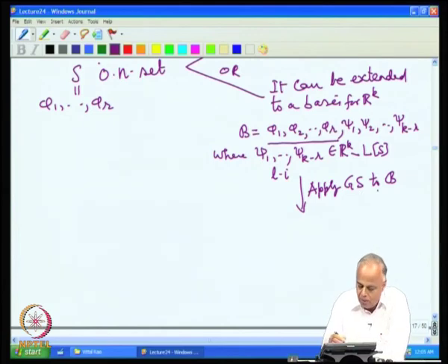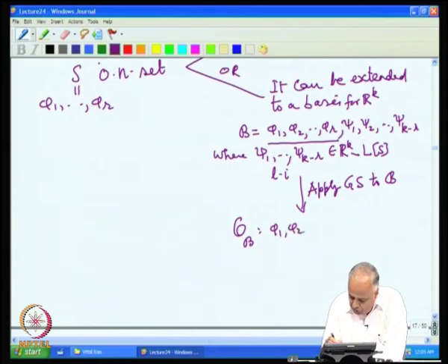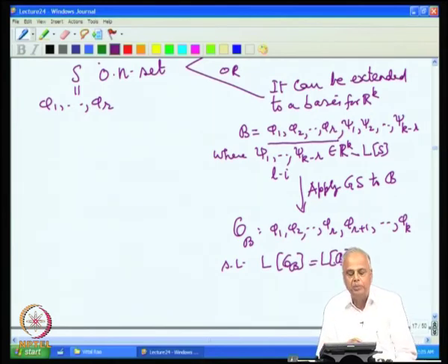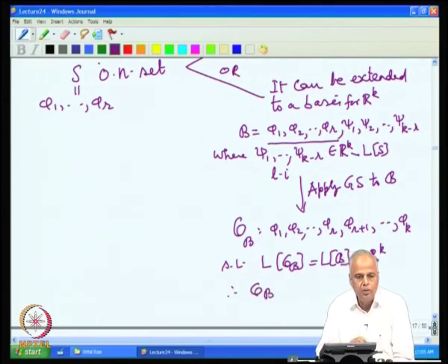So, it will orthonormalize and give us an OB which will retain phi 1, phi 2, phi r because they are already orthonormal, and now give us phi r plus 1 to phi k such that the span of OB is the same as the span of B. But the span of B is R k because B is a basis for R k, and therefore OB spans R k and is orthonormal.